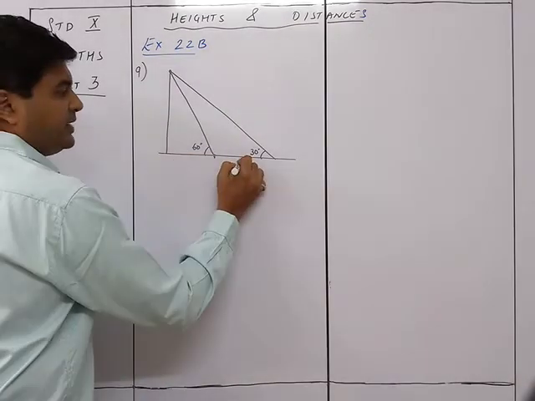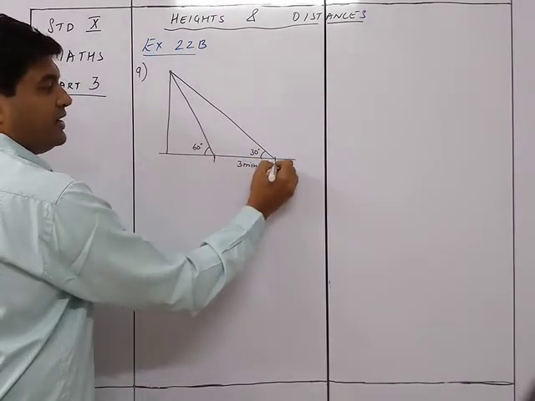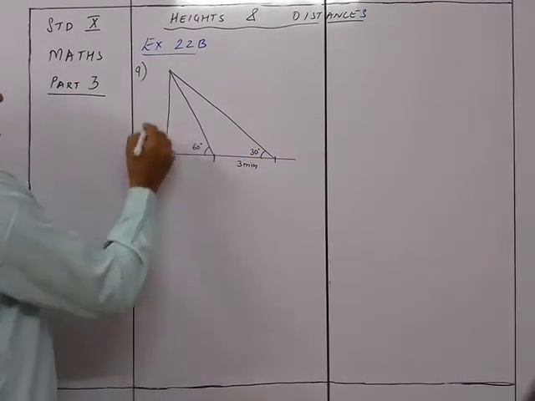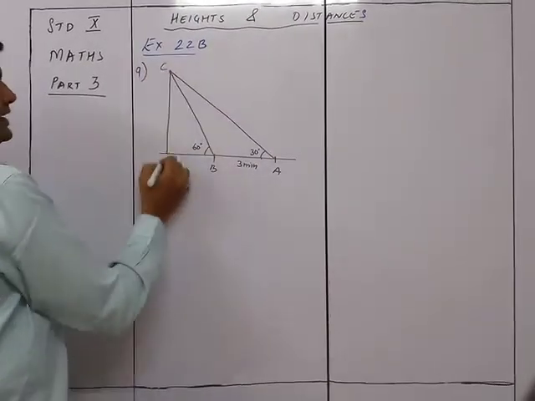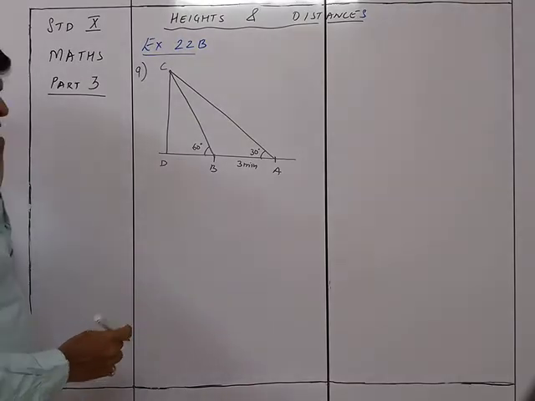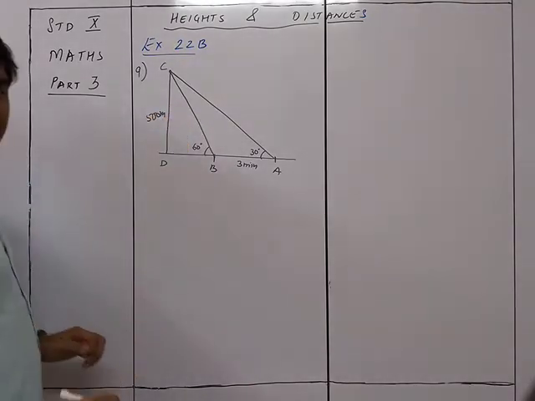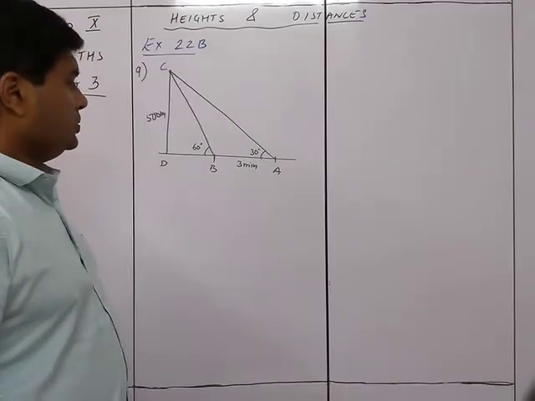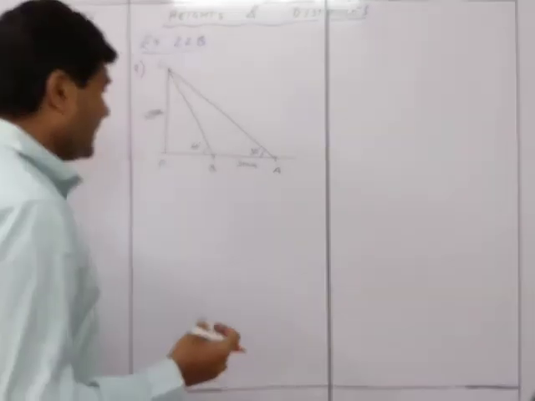This distance he has traveled in 3 minutes. So let's consider this as point A, this is point B, this is point C and this is point D. You are given that CD is 500 meters, that is the cliff height is given as 500 meters. So now we need to find out the different values, quite simply done.